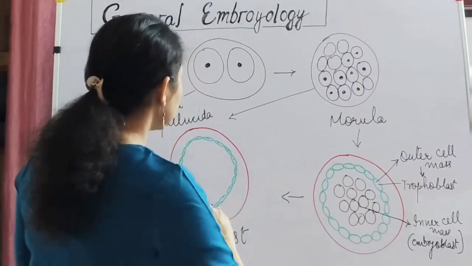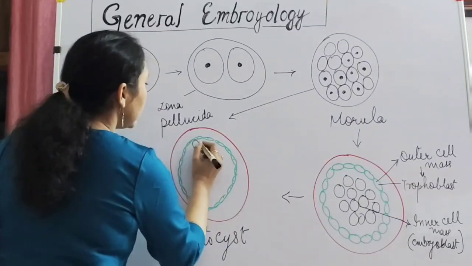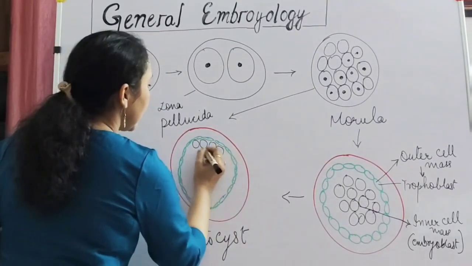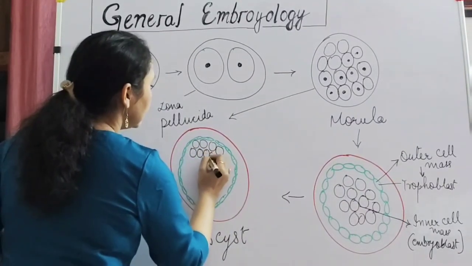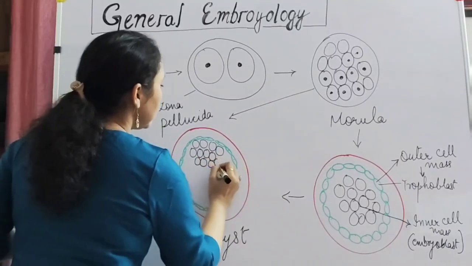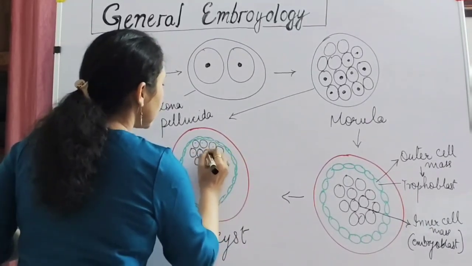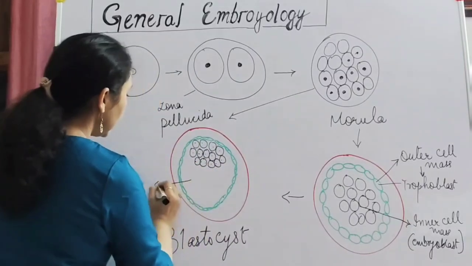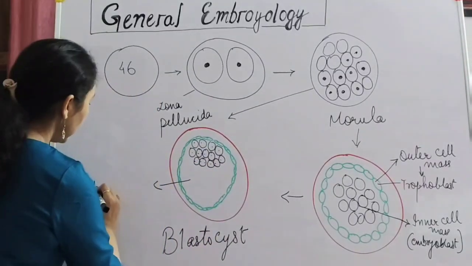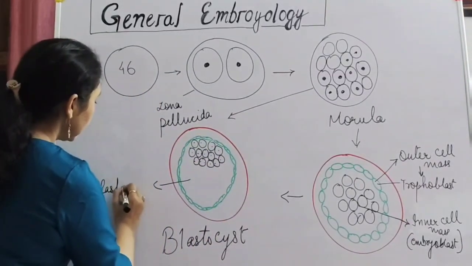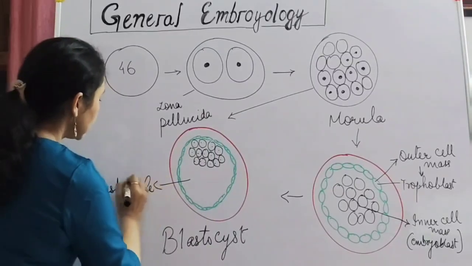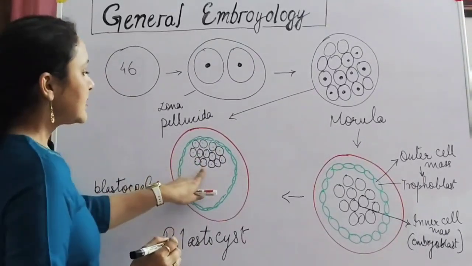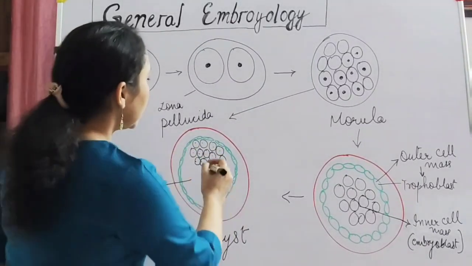The cells of the embryoblast will arrange themselves at one end, and in the rest of the area there is the fluid, and so this becomes a cavity called the blastocele. The cells are arranged at one end.